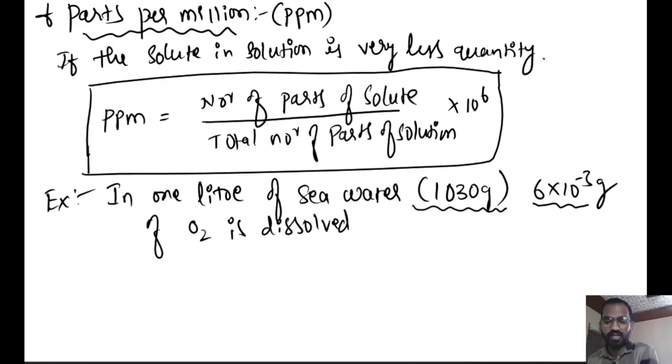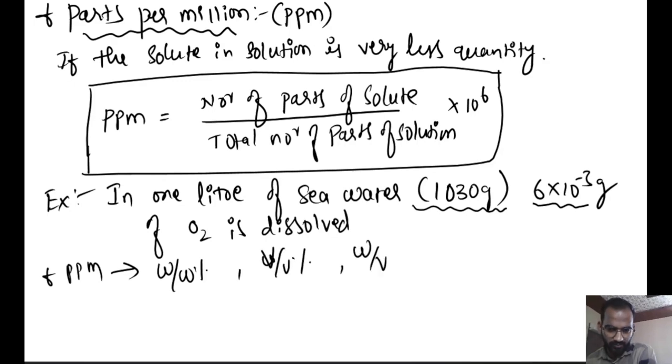In this case we can use parts per million. How much parts per million of oxygen is present in 1 liter of seawater? This ppm we can represent in the form of W by W percentage also, or V by V percentage, or W by V percentage. So let us do this problem.